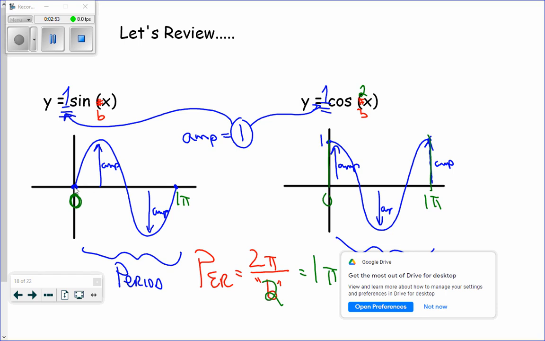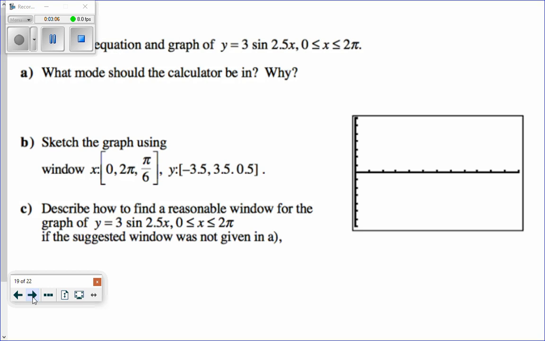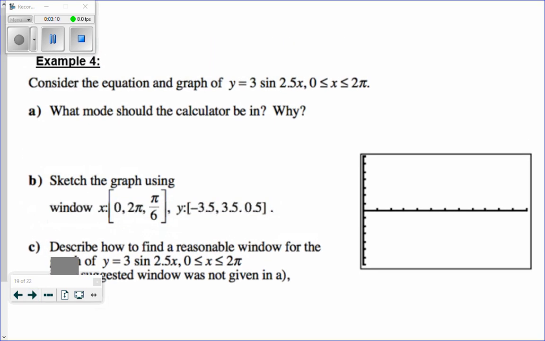So what I need you to do, that's weird. Go to page 371 is where we're at. Is that page 371? 3 sine 2.5? No. Okay, where is this one? I thought I had gone through and found all of them.